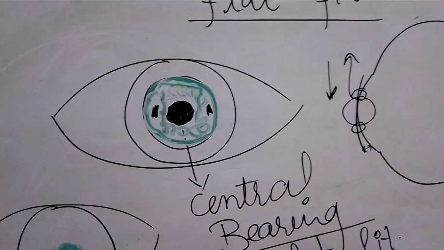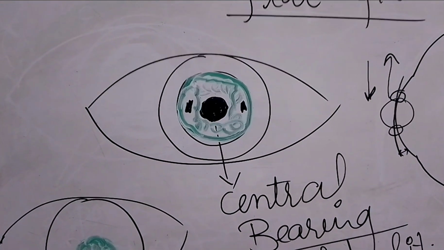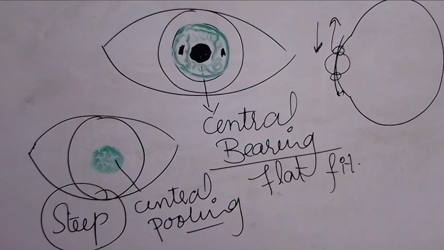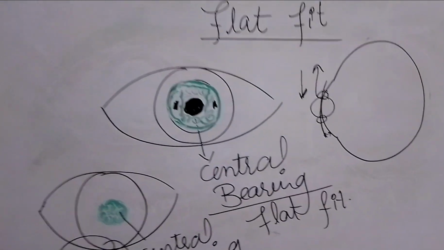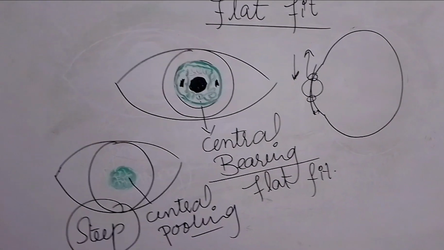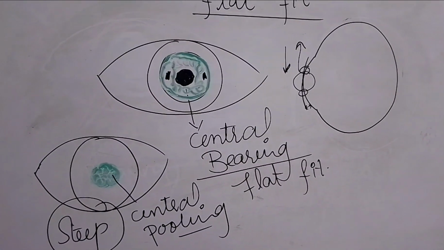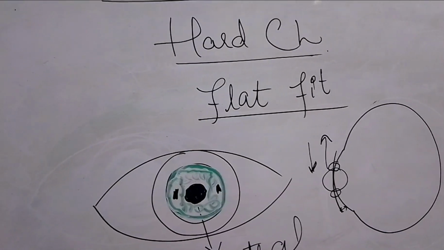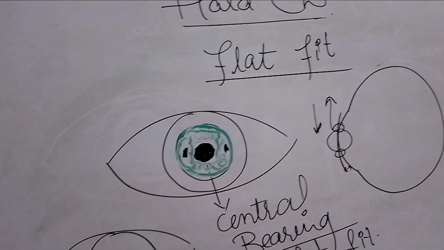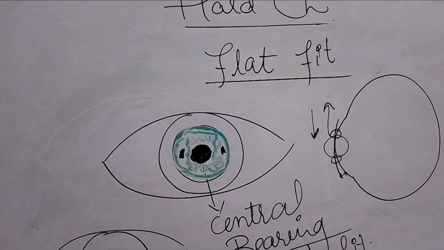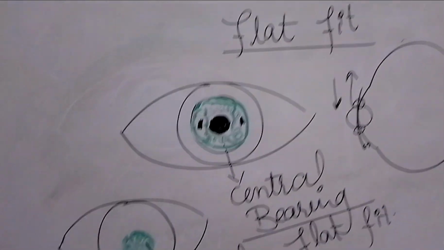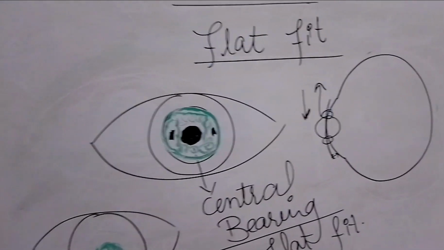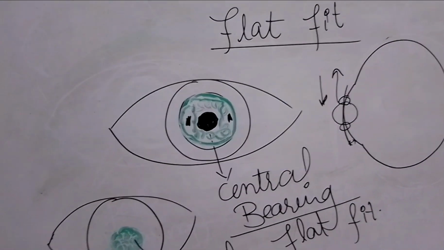This is the ideal vertical movement, and that is all about the fluorescein pattern. This is how you are going to assess whether the hard contact lens fitting is flat, ideal or steep. In some cases we purposely make a steepened or flattened fit, but I am not going to discuss those cases right now.